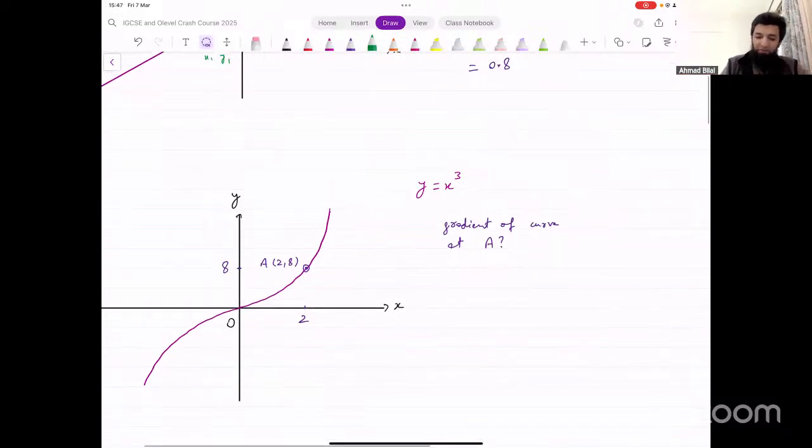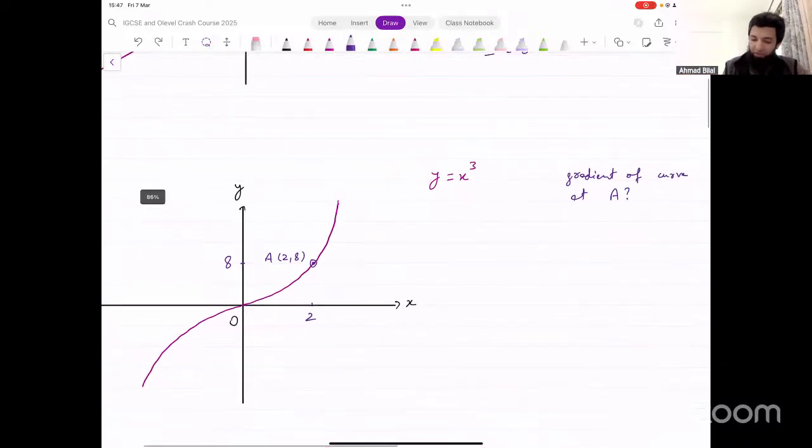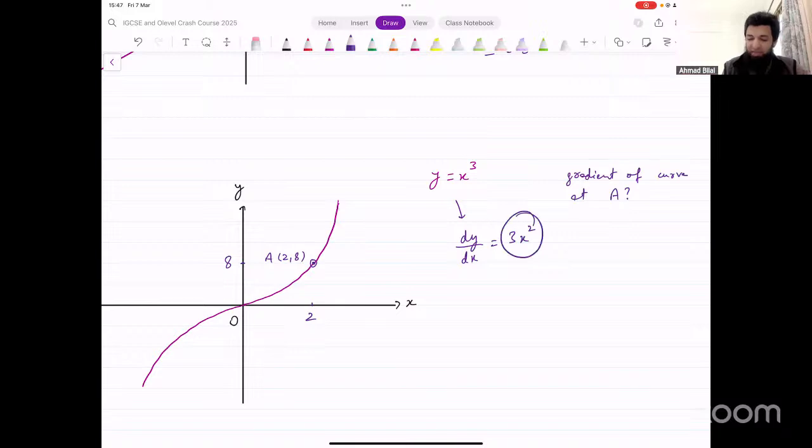This is how it would work. We would say the function is y equals x cubed. You find the derivative of this, dy over dx. What does the rule say? You multiply by the power and you subtract 1 from the power. So multiply by 3 and then subtract 1 from the power, it becomes 3x squared. This represents the gradient function.